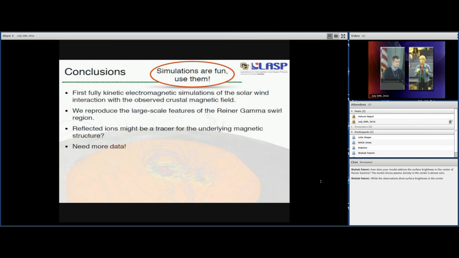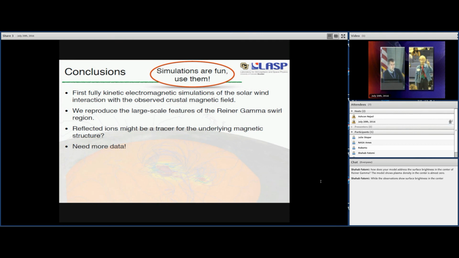The difficulty, especially at Reiner Gamma, is that it's right in the equatorial area, it gets hot, so for all the reasons we discussed with the previous speaker, the OH on the surface is hard to study.